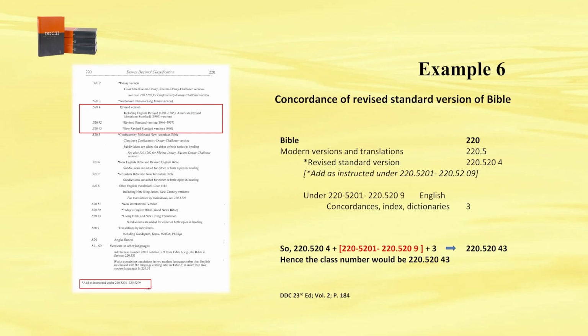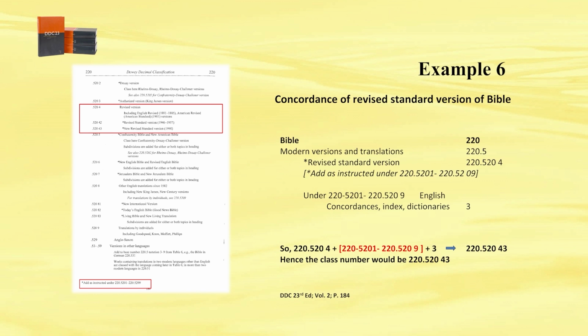So first we have to go to 220, that is for Bible, and 220.5, that is the modern version and translation. Under it, there is Revised Standard Version is 220.5204. Okay. So as we have told you that there should be a direct number for Revised Standard Version of Bible. So the Revised Standard Version of Bible will be 220.5204.